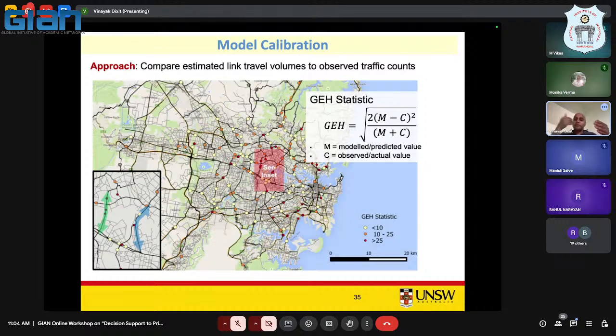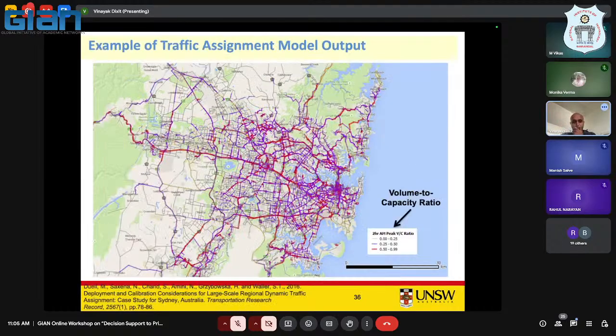But whenever we run the model, we make sure that the convergence is less than 0.01, less than 1%. Once we get that, we get outputs. You can look at what the travel times are, what the volume to capacity ratios are, and which areas are congested. This area is the CBD.